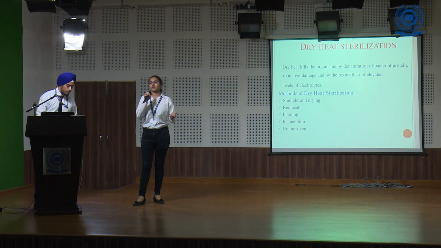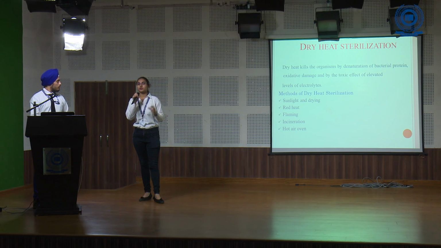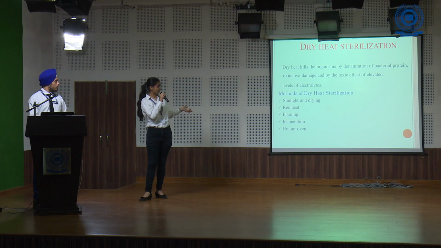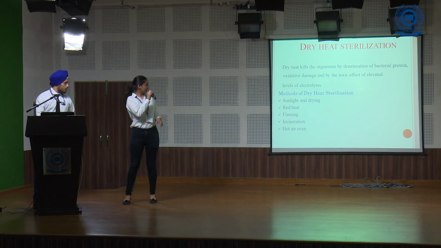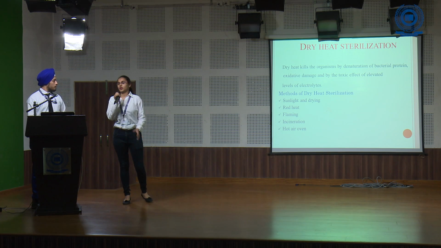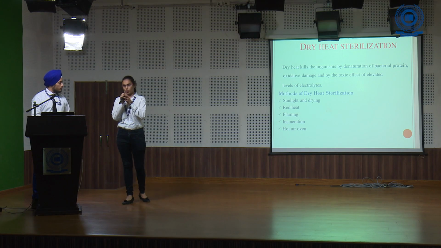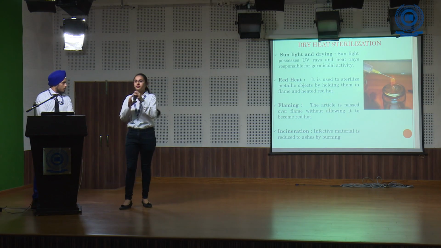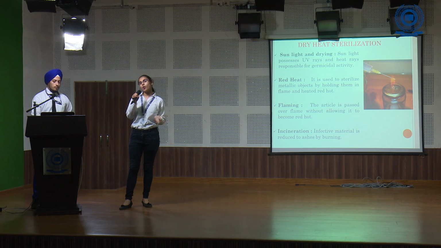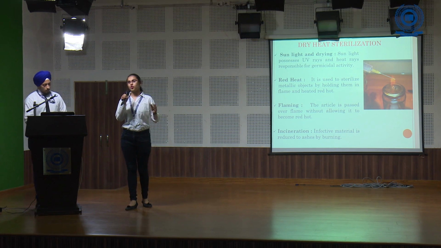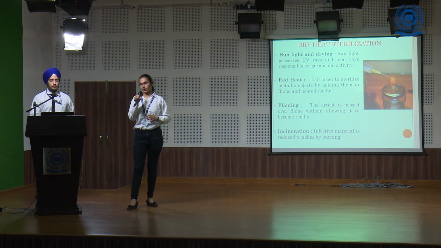Dry heat is a widely used method and consists of different methods: sunlight and drying, red heat, flaming, incineration and hot air oven. Sunlight consists of UV rays, and the UV rays along with the heat rays are responsible for the germicidal activity and kill the microorganisms.